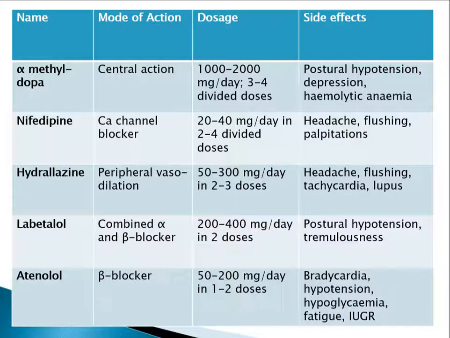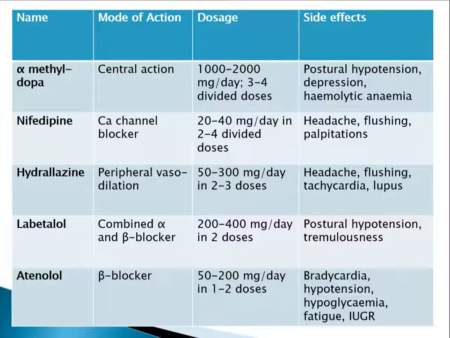Then labetalol. Labetalol is a sympathetic blocker. It is an adrenergic blocker. It's a combined alpha and beta blocker. You know, alpha receptors and beta receptors are there in the sympathetic system. So it blocks both alpha and beta receptors.